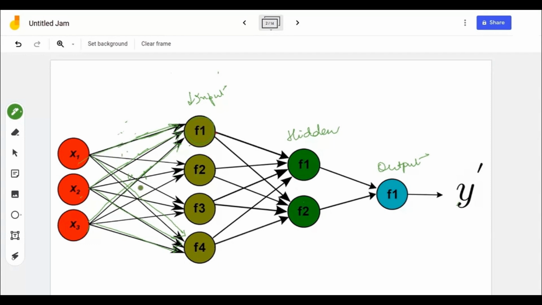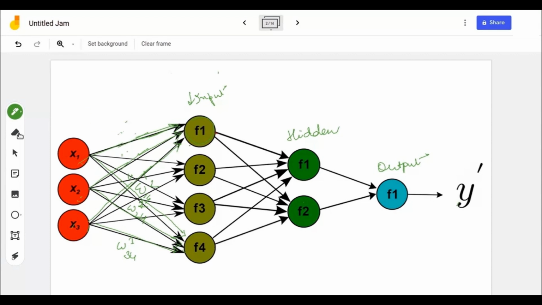So here what will be the inputs? X1, X2 and X3 and the weights W: the first input going into the fourth node, 1,4, first layer. The second input going into the fourth node, first layer again. And the third input going into the fourth node is of the first layer, right?